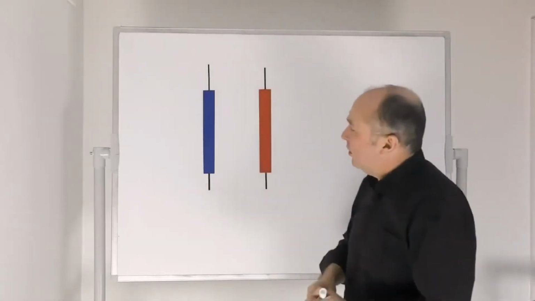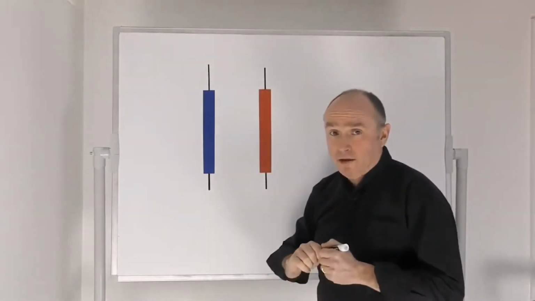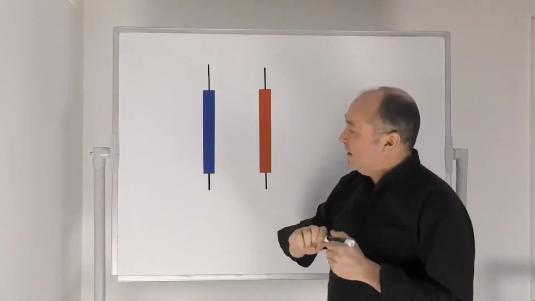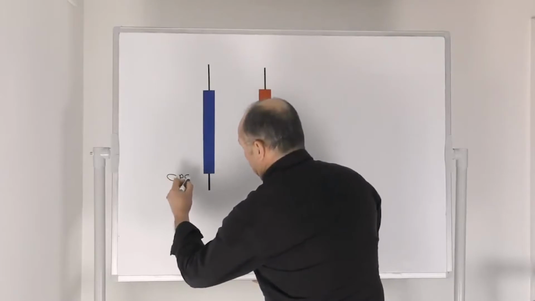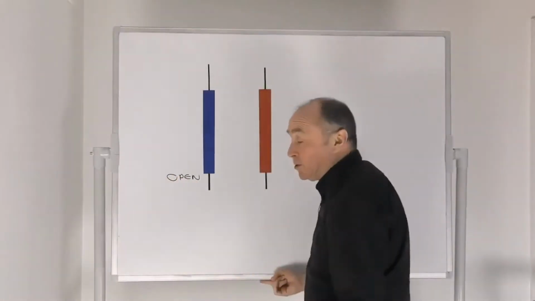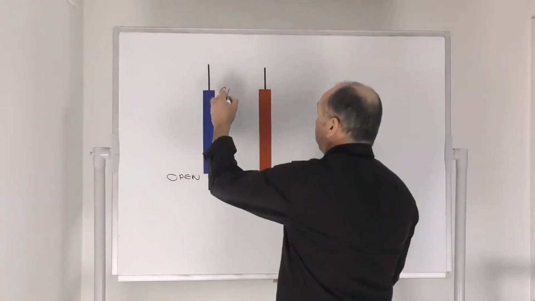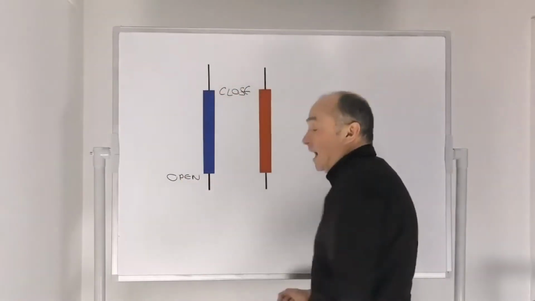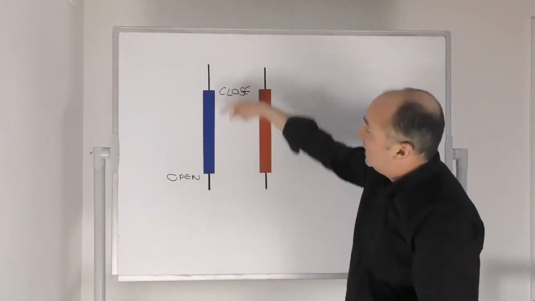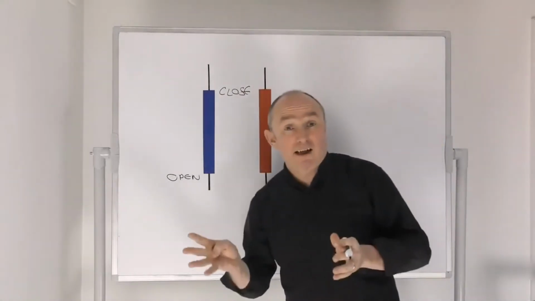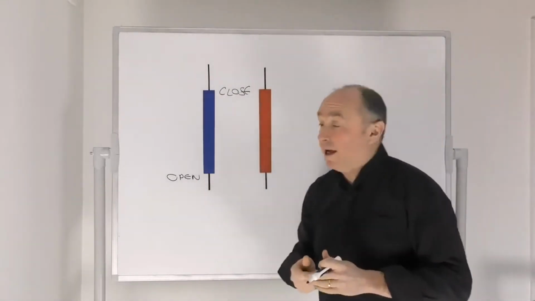But the actual candlestick chart indeed shows a lot more information than just the direction. For example, it shows us where the market opened. Now, the fact that the market opened and then had a subsequent close higher basically depicts the colour of the candle. So here you can see where the market opened, where it closed. It's a blue candle. That basically means prices moved higher than where they opened.